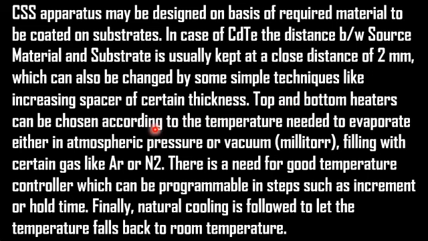So if, let's say, you want to prepare a material having a higher melting point, in that case you can use the top and bottom heaters with a higher temperature.